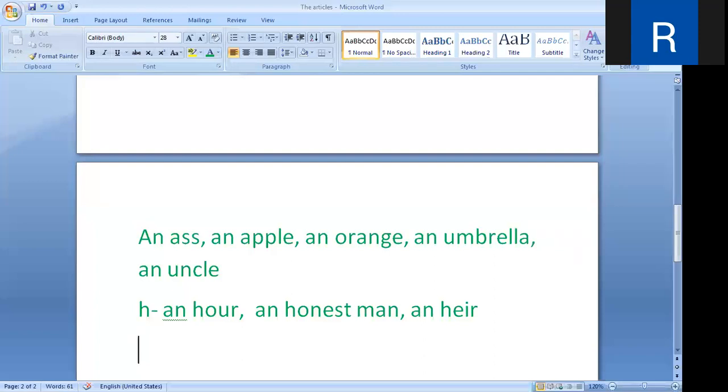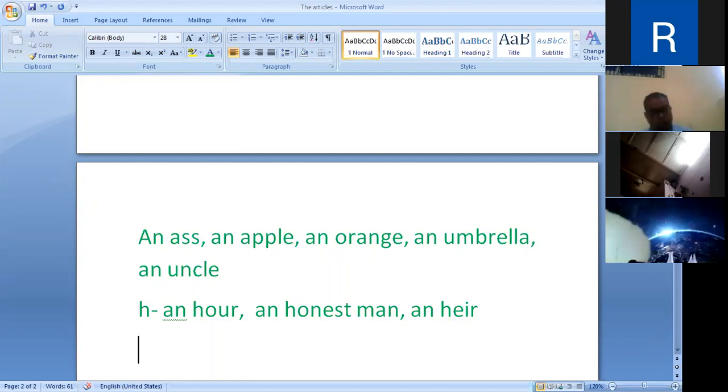Next, an is used before a word beginning with H when the accent is on the second syllable, as in an historical novel, an heroic deed, an hotel.